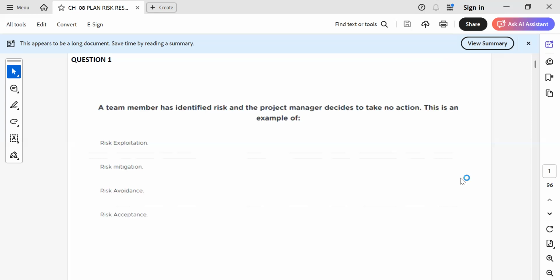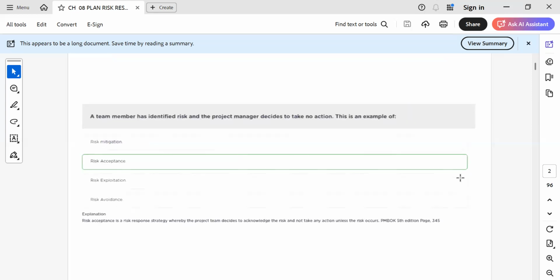Yes. Okay. So what does avoiding mean? Removing the work package, removing the activity, changing the plan, making the impact zero. Yes, that is exactly what I have understood.